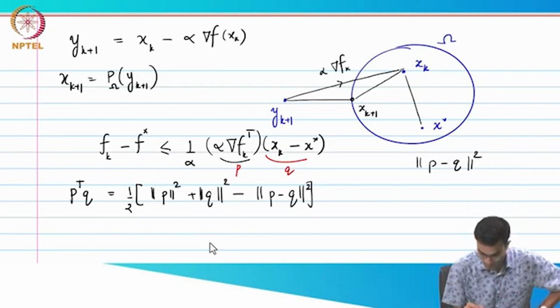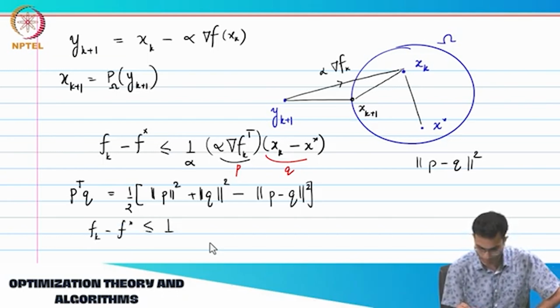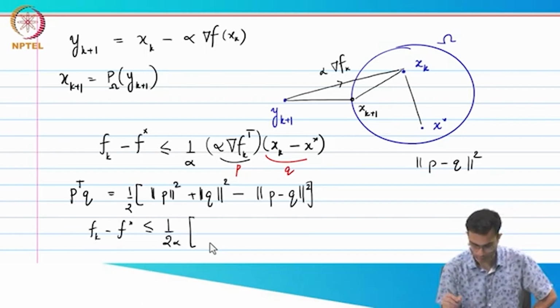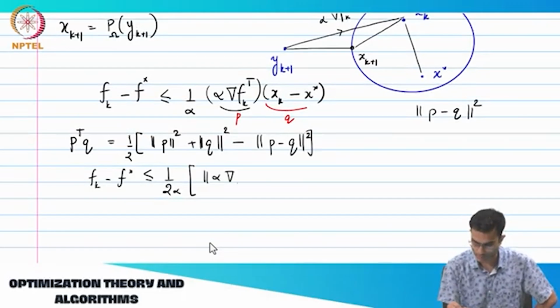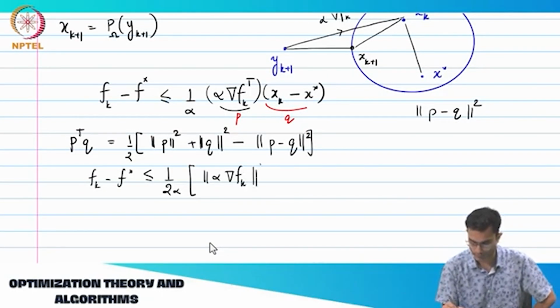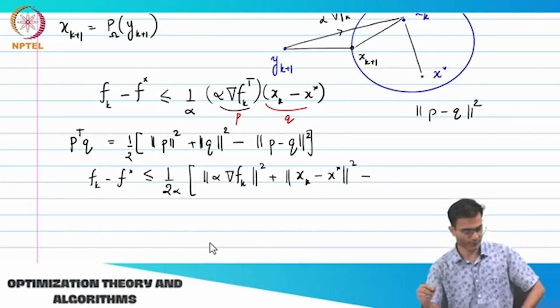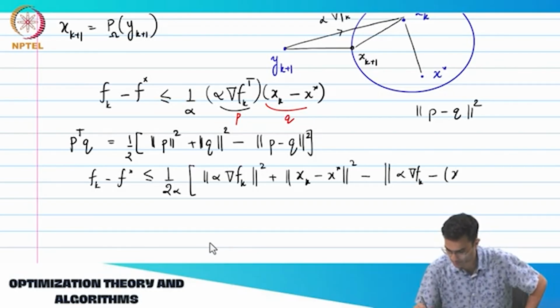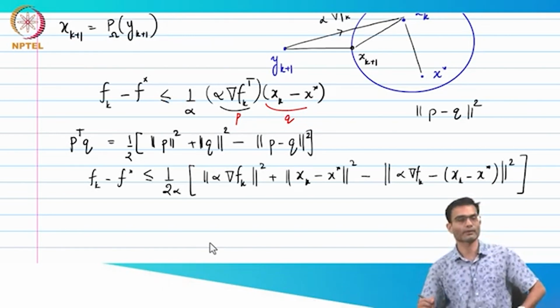So fk minus f star is less than or equal to 1 by 2 alpha times the first term, norm of alpha grad fk squared, next term norm of xk minus x star squared, and then the difference of these: norm of alpha grad fk minus xk minus x star, squared.